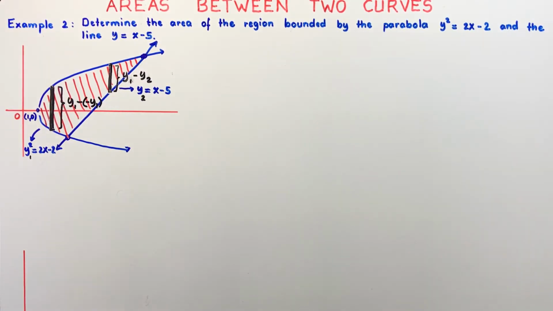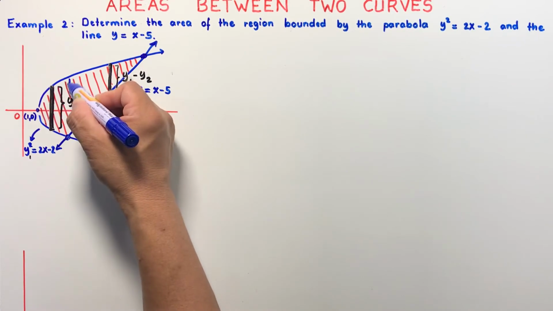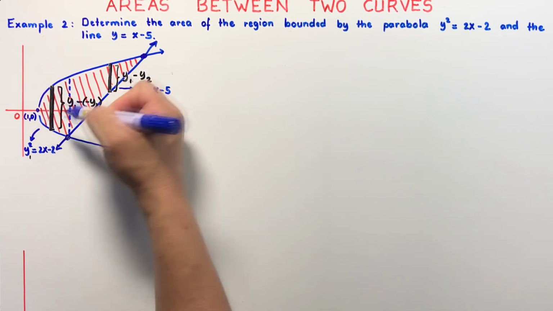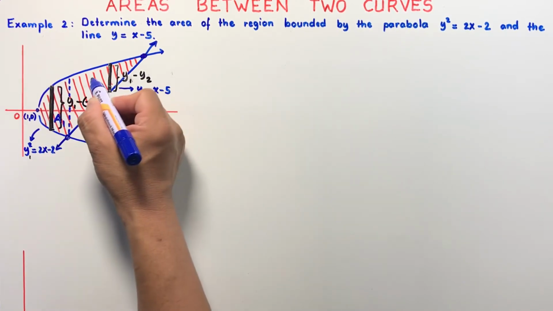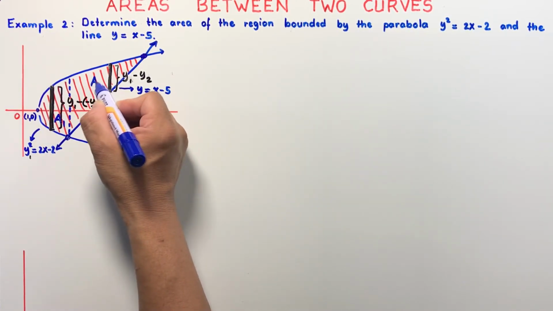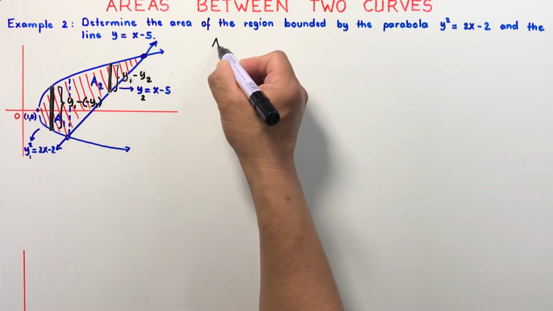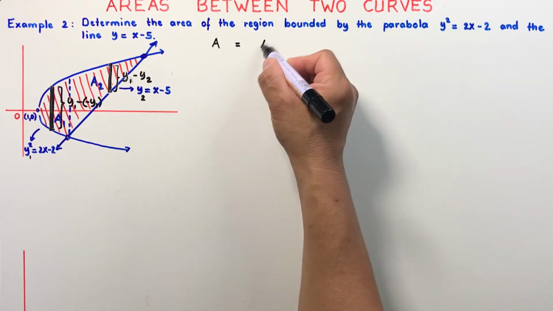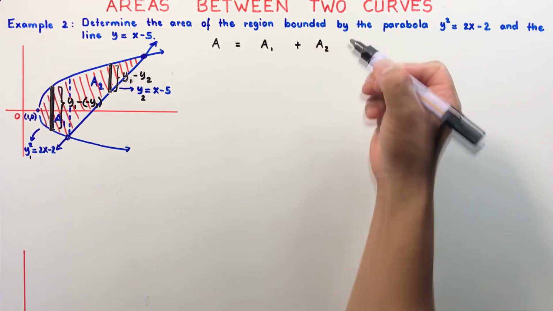So therefore, we need to partition the whole region into two from this point of intersection. And we say that this is our area 1 and at this subregion area 2. So therefore, the whole area is obtained by adding the two regions here.